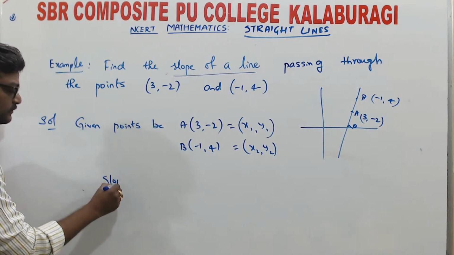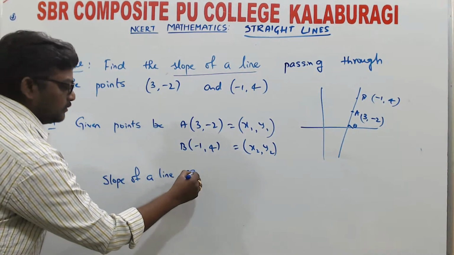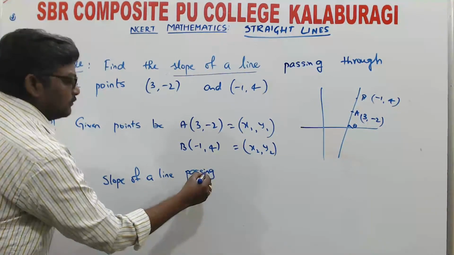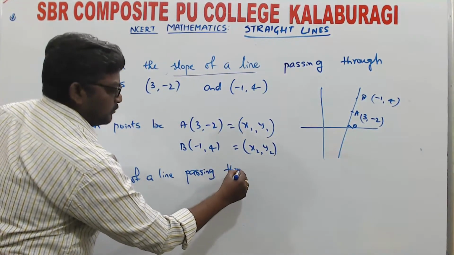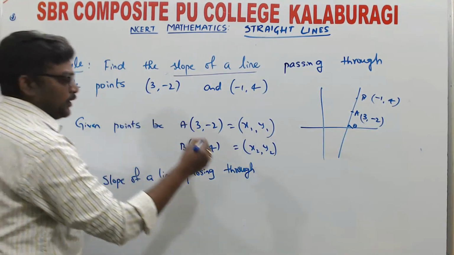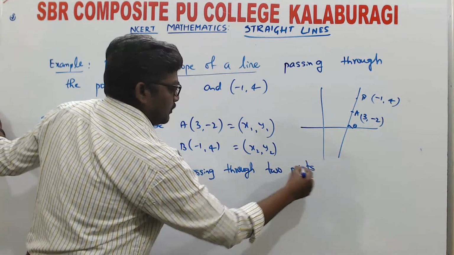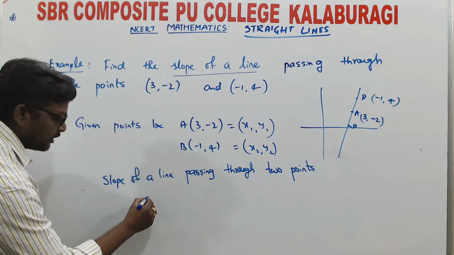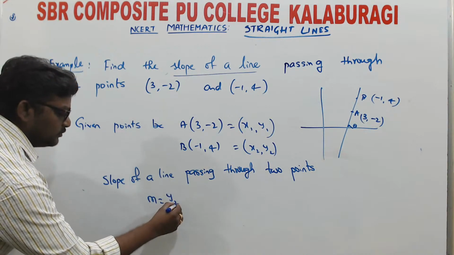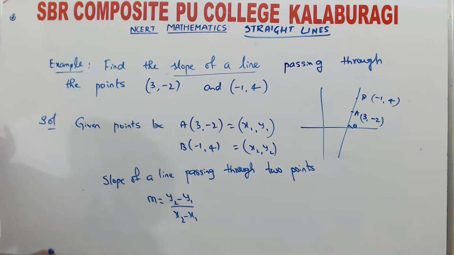Slope of a line passing through 2 points: the formula is m equals y2 minus y1 by x2 minus x1.